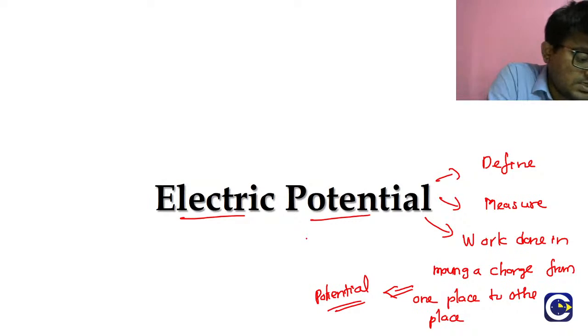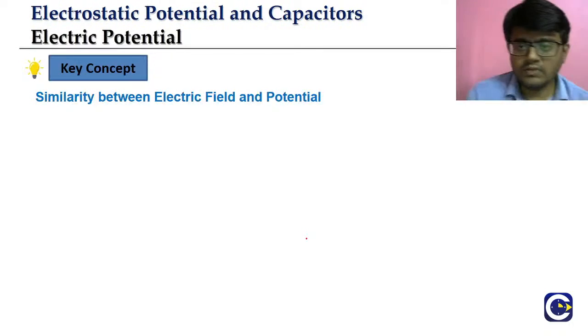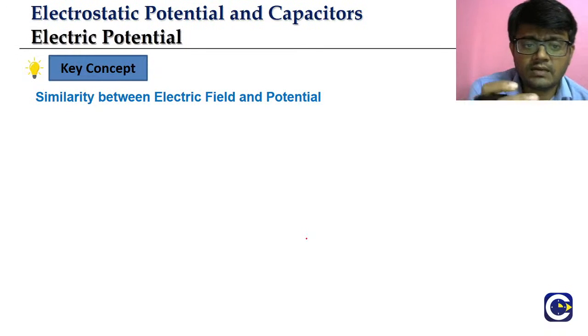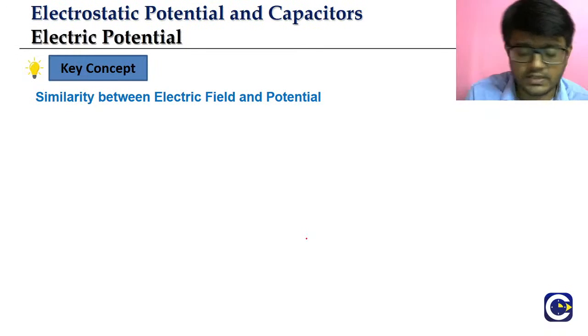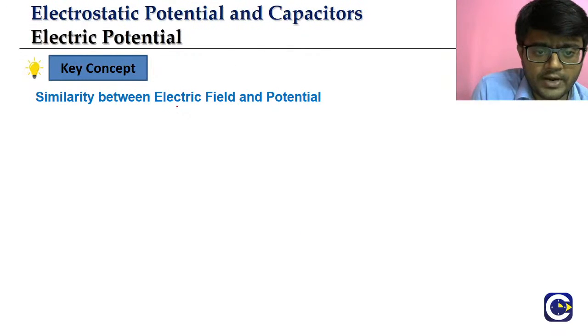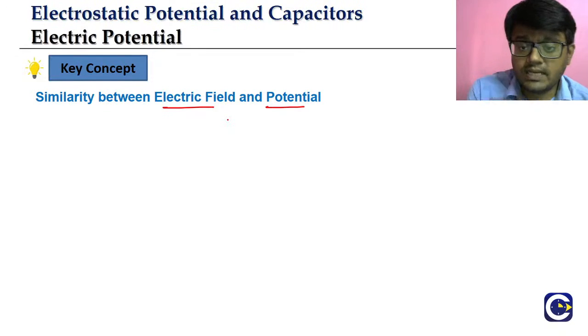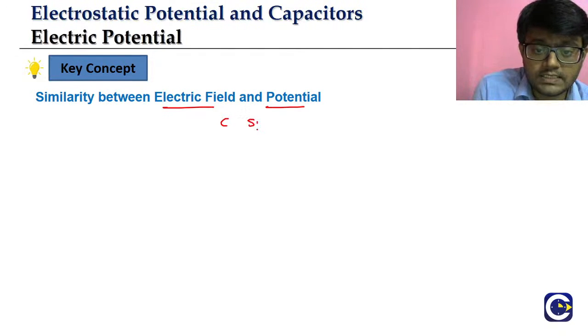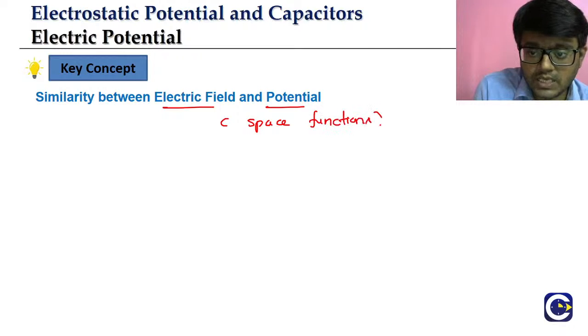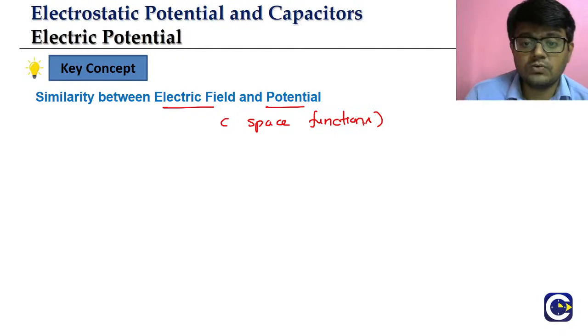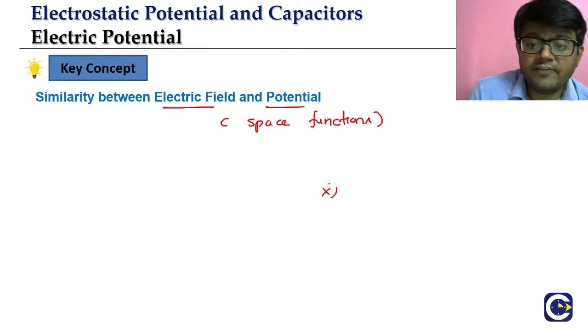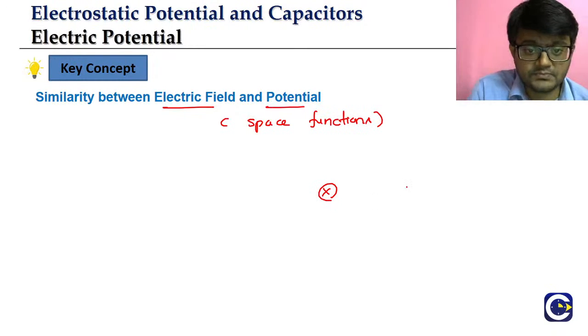First we will see what is the similarity between the electric potential concept and the electric field concept. Both the electric field as well as electric potential are what? Space functions, because they are defined at a point in space.